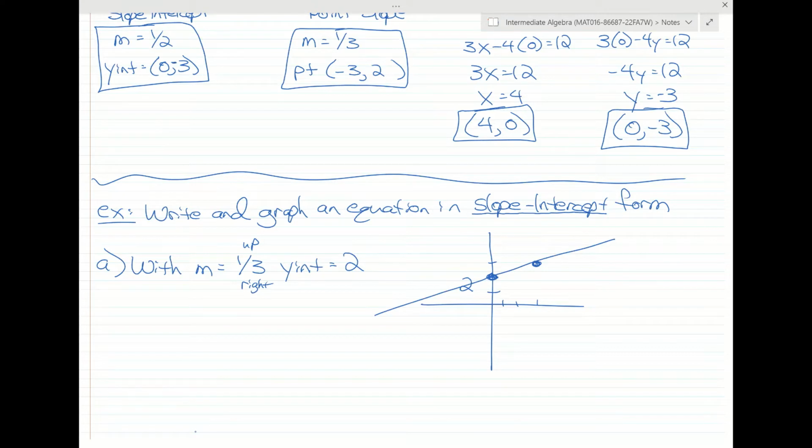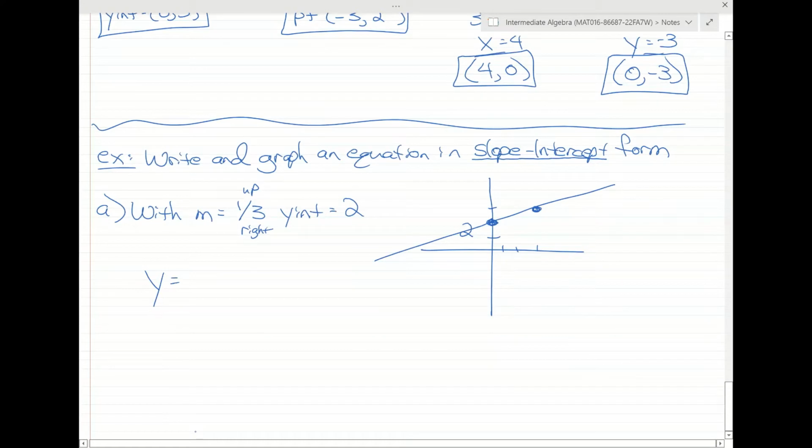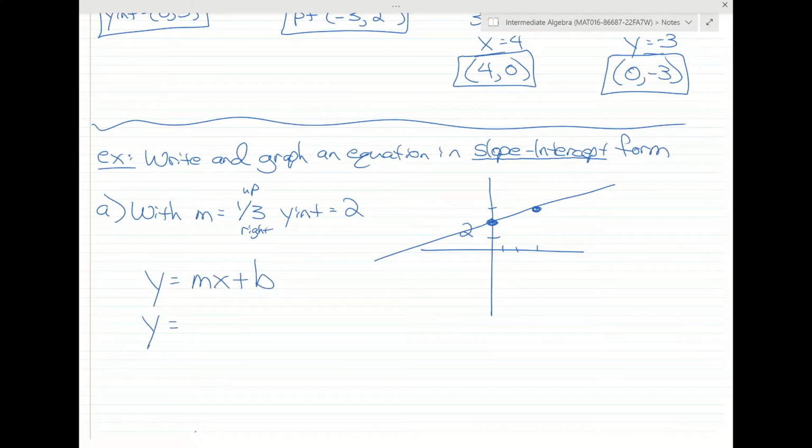You go up 1 and to the right 3 from that point. As far as what the equation would be, remember, slope-intercept form looks like this. So your slope would be 1/3 and your b value would be 2. That's it.